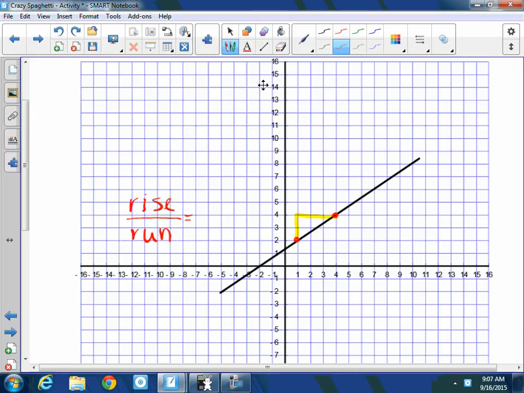So my rise, rise is getting on an elevator, right? Because it's up or down. So that would be 1 and 2. And my run is 1, 2, and 3. Jimmy is walking up. So he's going to heaven. So is that positive or negative? Positive. So the slope for this line would be positive 2/3. Okay?